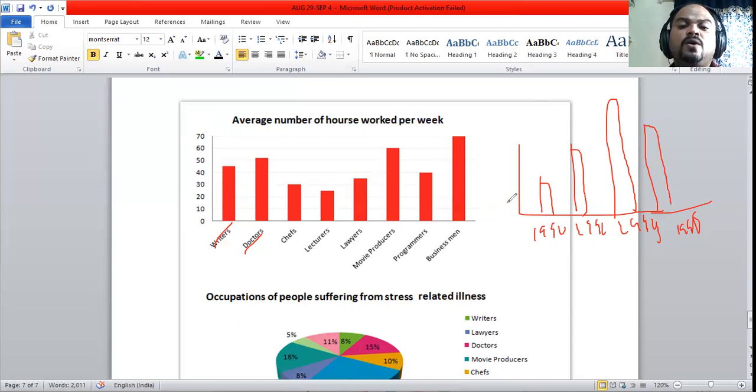So the proportion of doctors who worked, or the duration of hours they work, was this.